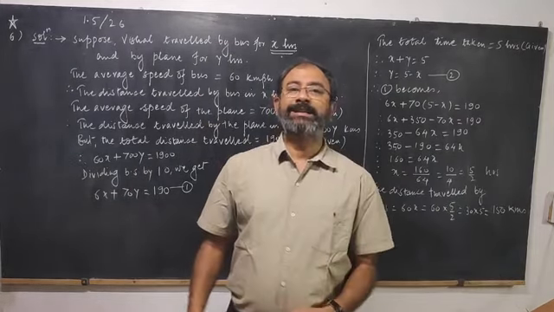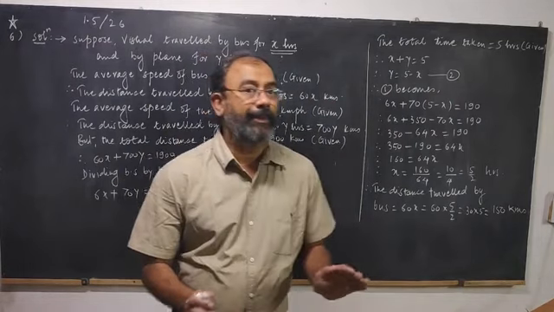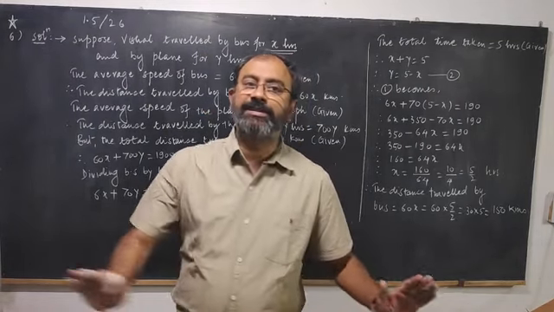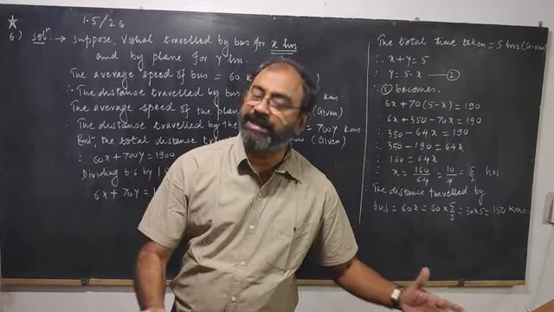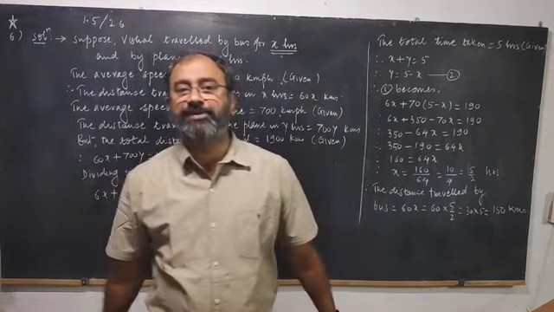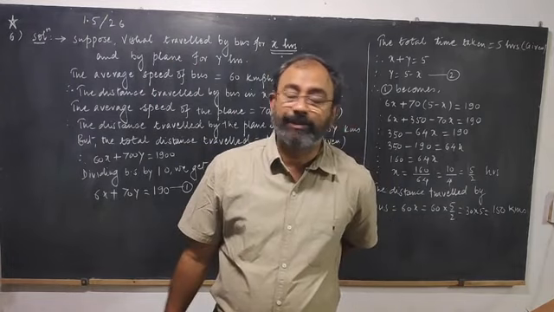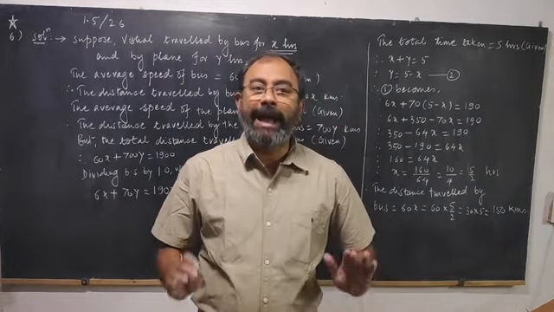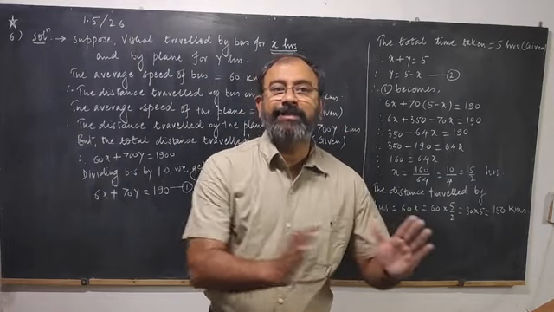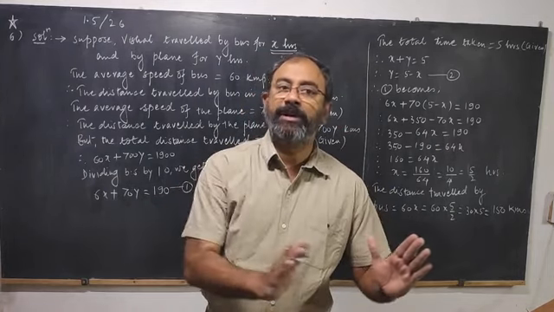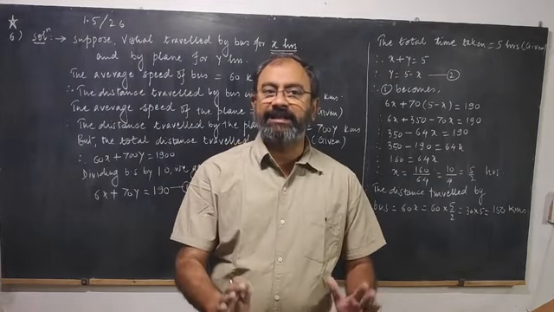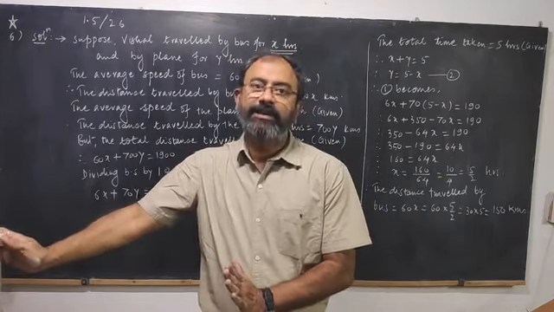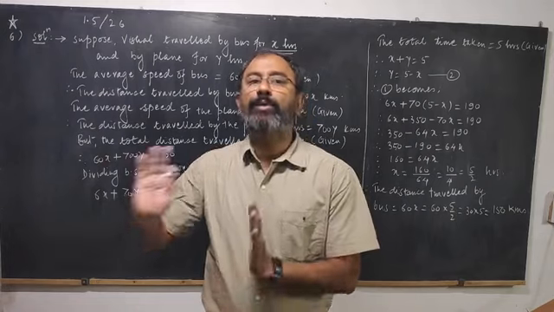For easier calculation, I am not considering the distance traveled as variable. Distance traveled by bus is x kilometers and the distance traveled by plane as y kilometers. Now, I am considering the time taken to cover the first part by bus is equal to x hours and the time of journey by plane is equal to y hours.